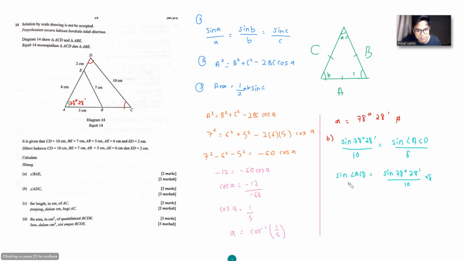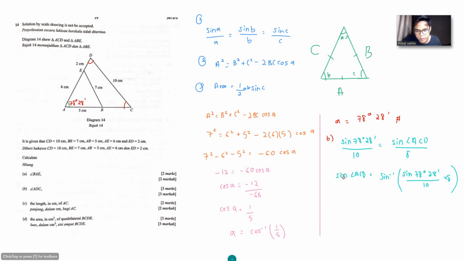It is easier for us to remove the sine right now. So what we can do is sin inverse this over here, because the opposite of sine is sine inverse. So we'll just add sine inverse: sin 78 degrees 28 minutes divided by 10 times 8.